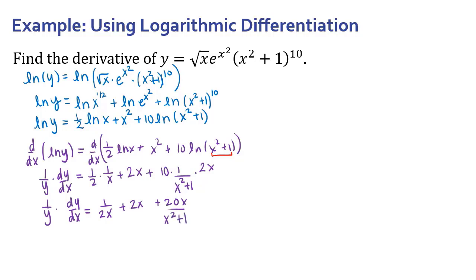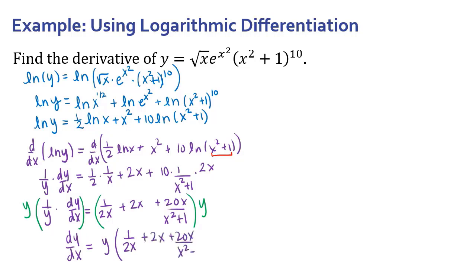Now at this point I can multiply both sides by y so that I can isolate dy/dx. So when I do that, I get dy/dx equals y times this entire quantity, 1 over 2x plus 2x plus 20x over x squared plus 1.